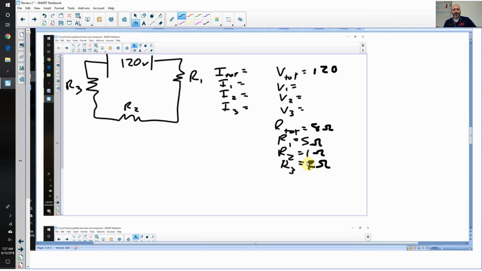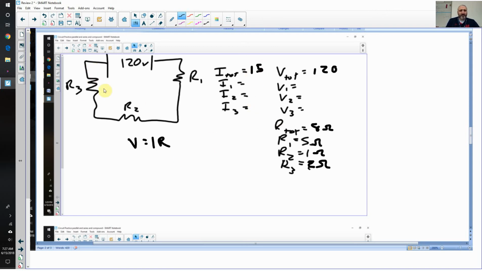So that's the total resistance. And using V equals IR a whole bunch of times, 120 divided by 8 should give us 15 amps of current.